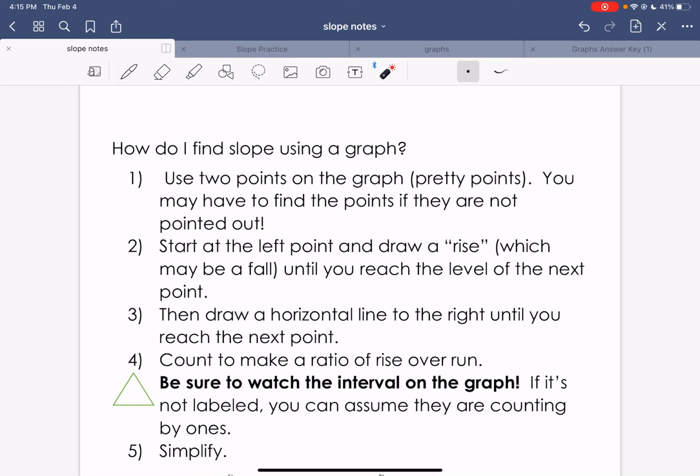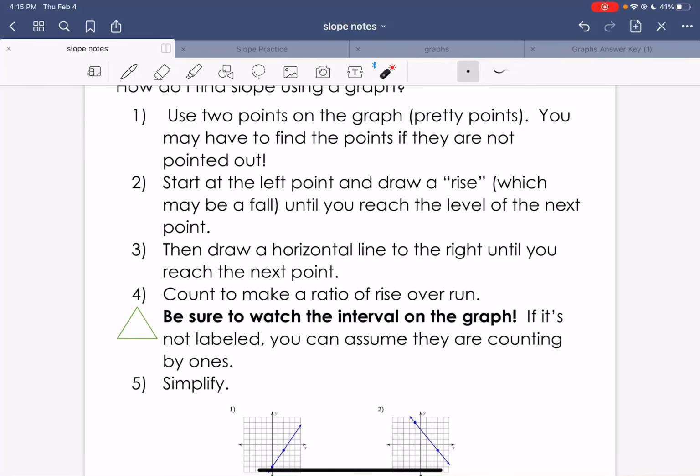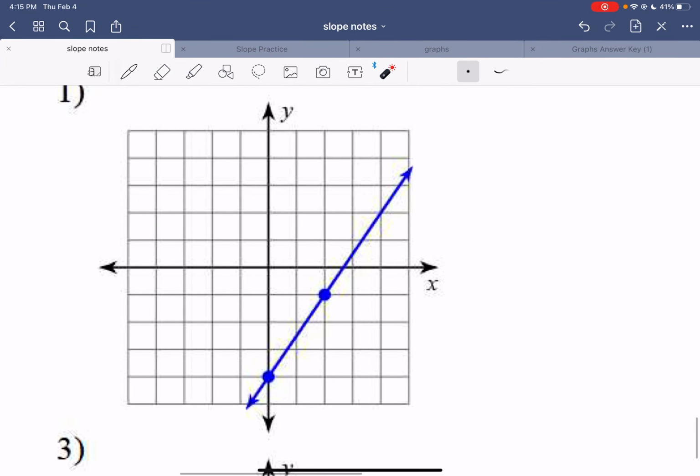So I'm going to just go ahead and read them. You're going to use 2 points on the graph, and I emphasized pretty points, so let me just review a second for pretty points. On this one here, if you see these two blue dots here, these are what we consider pretty points.